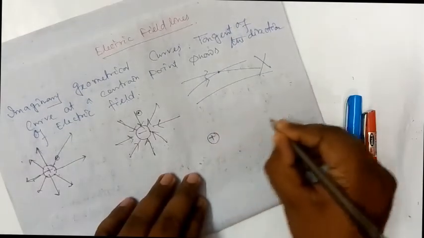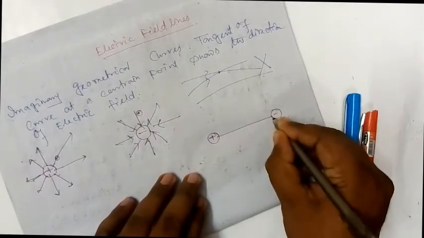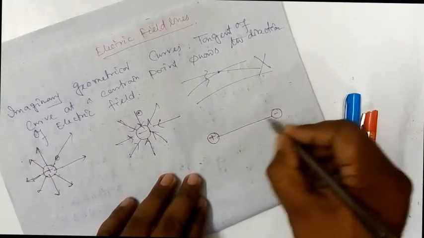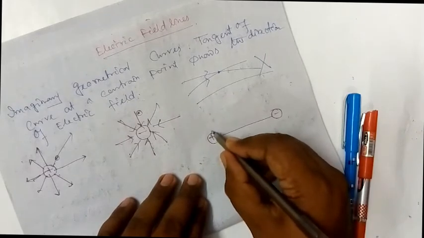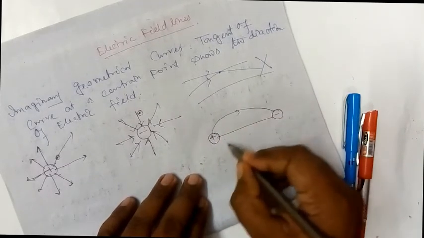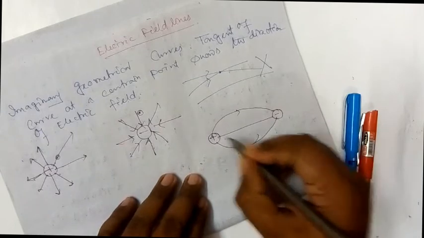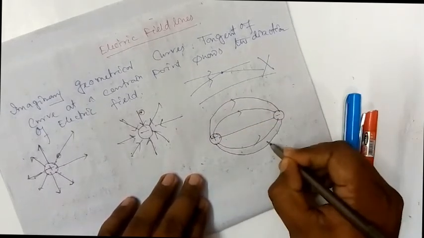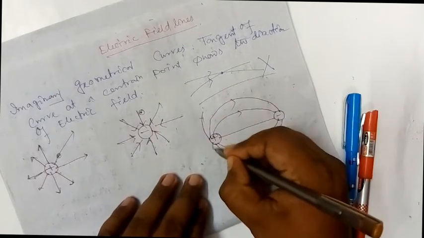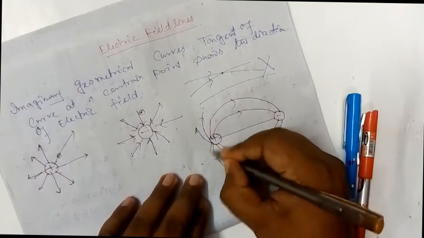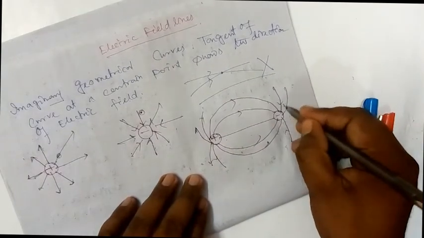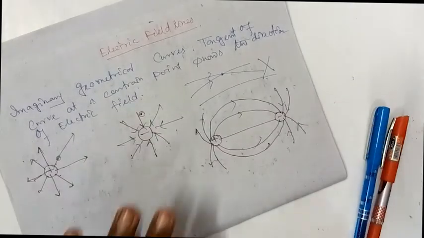If I am talking about a dipole, assume here it is a positive charge and here a negative charge, with constant distance between them and constant magnitude of charges. The lines go from positive to negative, just like the bar magnet we have seen, and they will never intersect each other. It is exactly similar to the bar magnet we learned earlier.